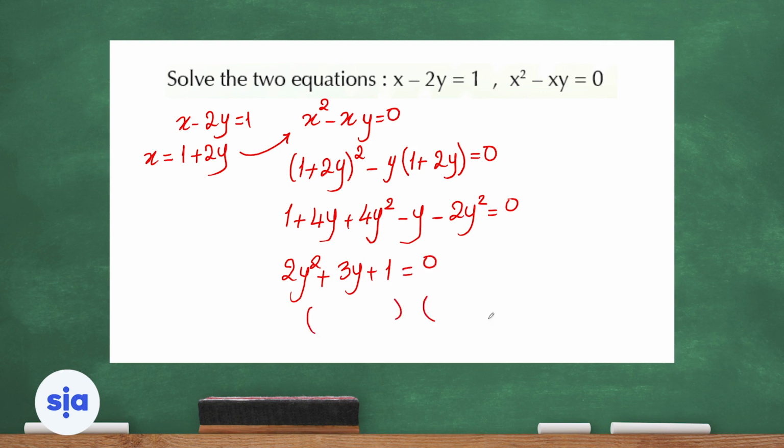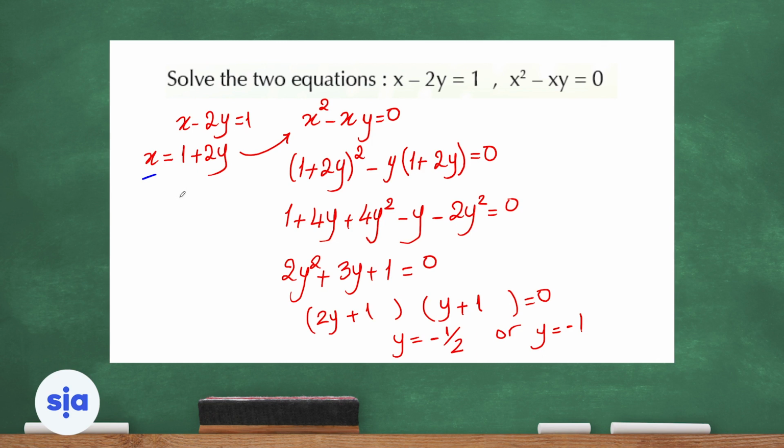Let's factorize. (2y plus 1) and (y plus 1) equals 0. So here y has two values, either negative half or y equals negative 1. For each value of y, I will find the x.